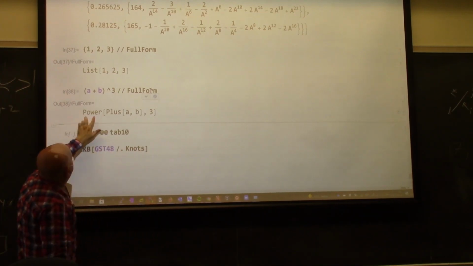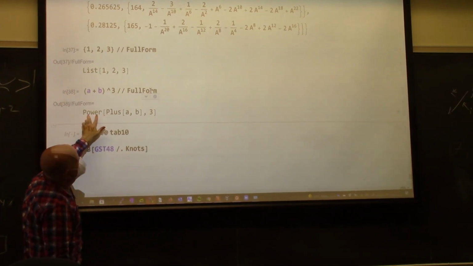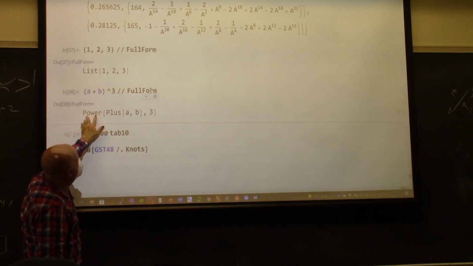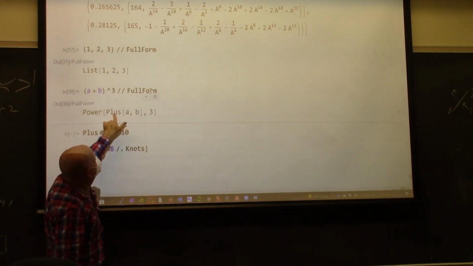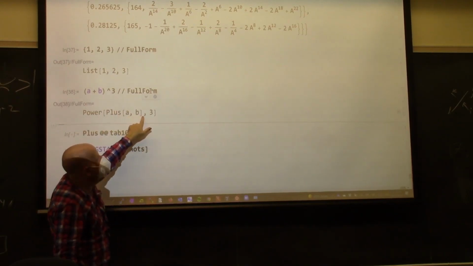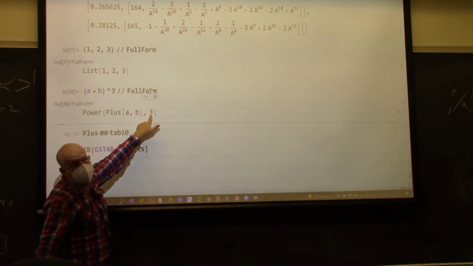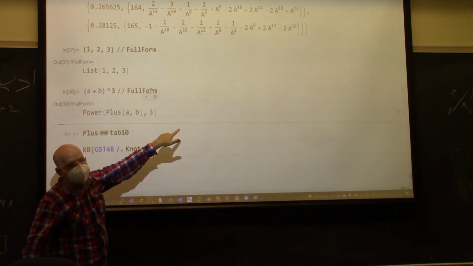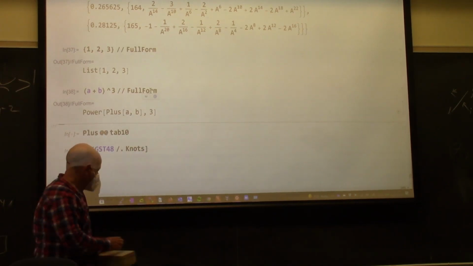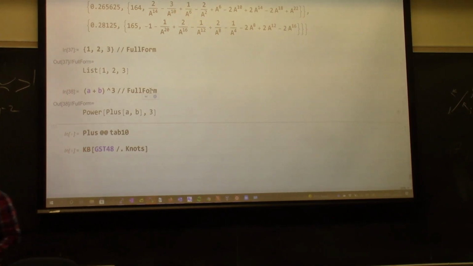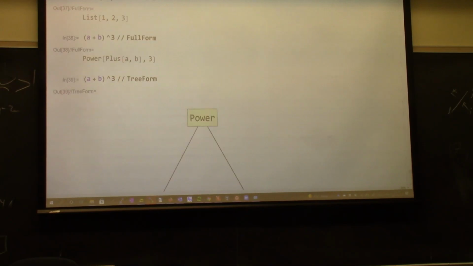This is really the expression Power, where you take the power of Plus of a and b, and the right argument of Power is 3, because it's the cubic power. So maybe it's better to view it as a tree. So let me print this thing in tree form.